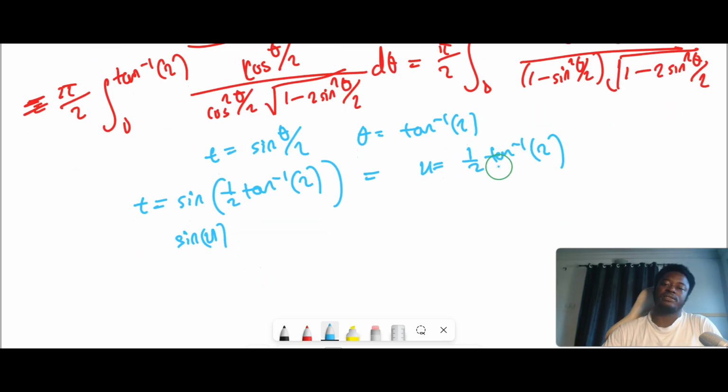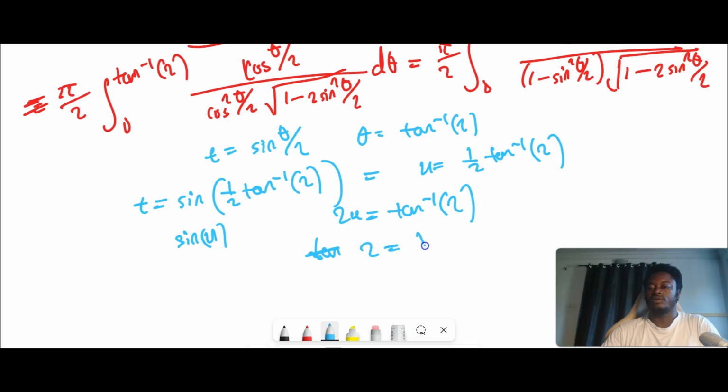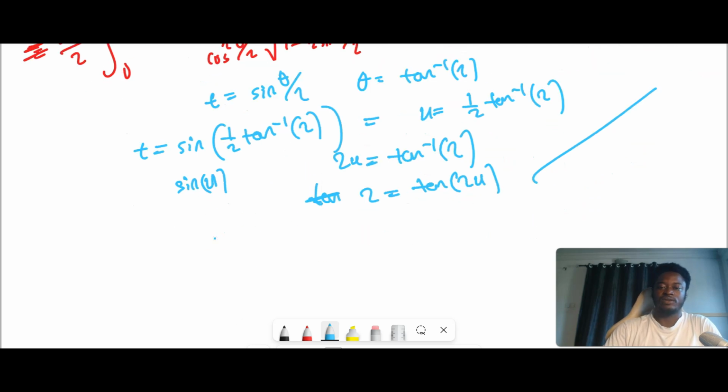Well, if u is half of tan inverse of 2, then 2u would be tan inverse of 2, which means that tan 2u equals 2. And if we assume that we have a right triangle this way, where here is the 2u, and this is 2, this is 1, then this will be square root of 5.